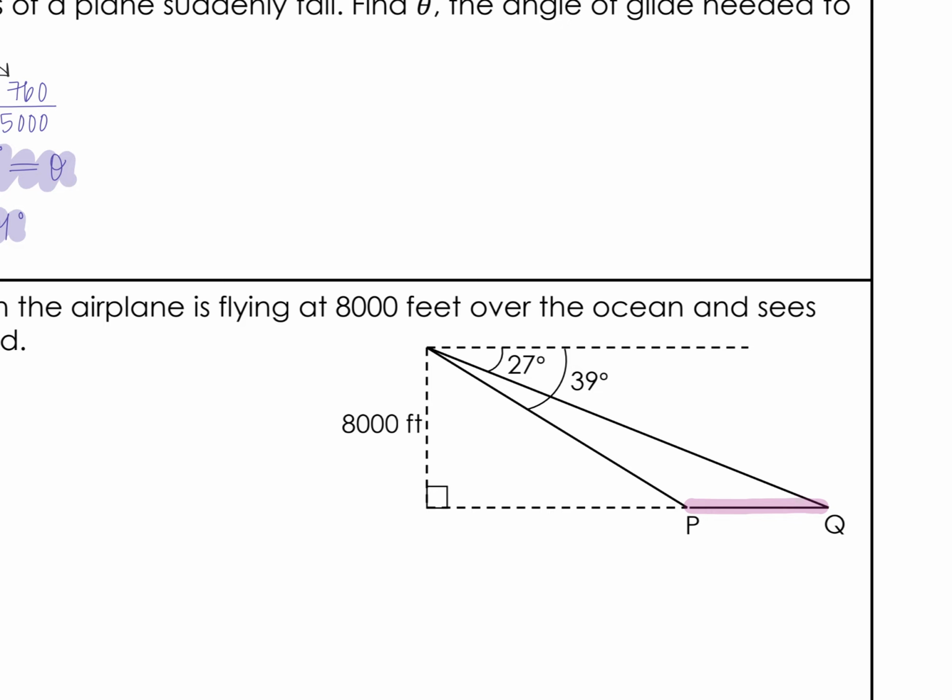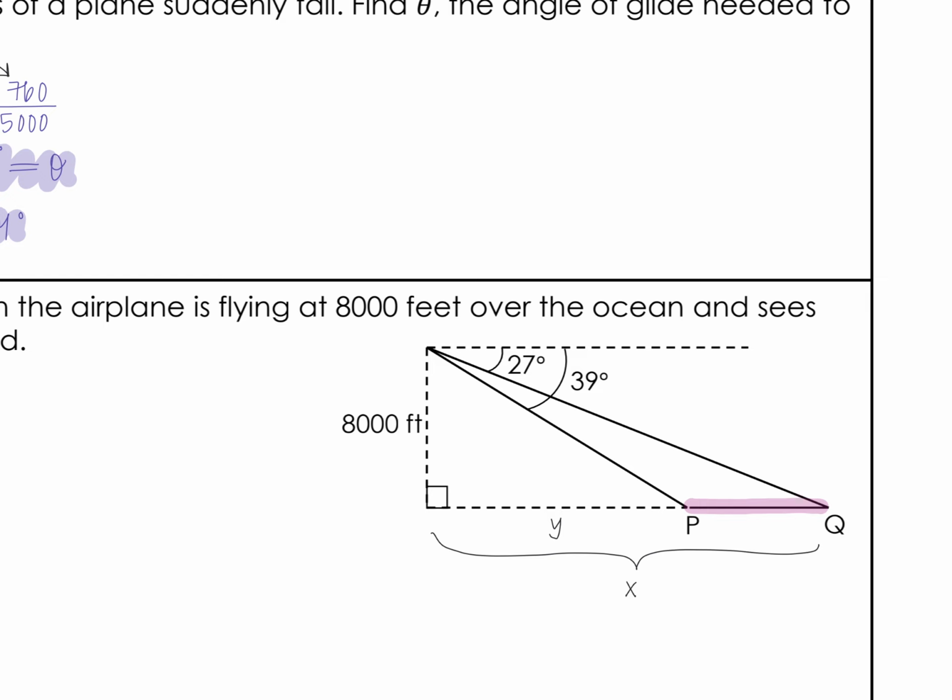Noticing that it's not attached to a right triangle, we are going to have to do like we did for number 2, where we find the entire length, which we can call X, and then find this length over here, my Y. If I subtract those two, that will leave me with this PQ that I'm trying to find.